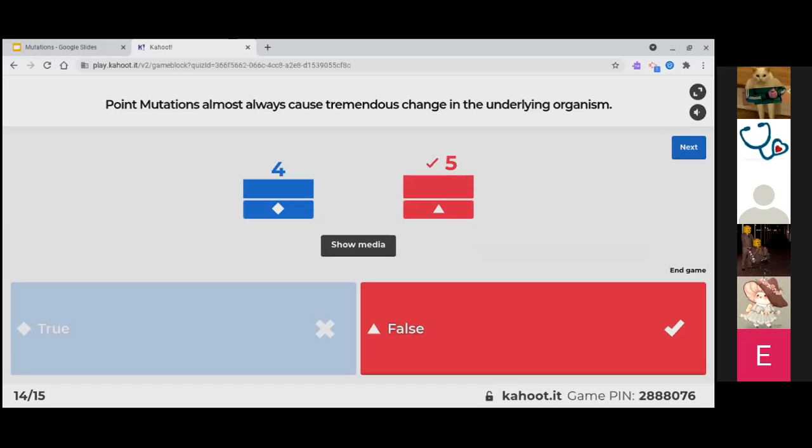This is false because point mutations are small mutations, like a substitution or something like that. So it doesn't cause a frame shift mutation. That's why it doesn't cause tremendous changes. It might cause a small change, and sometimes it can cause a tremendous change, but it's not common.